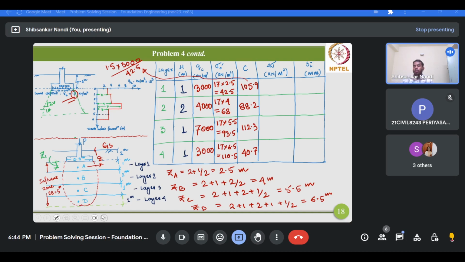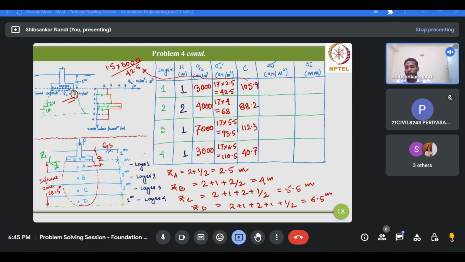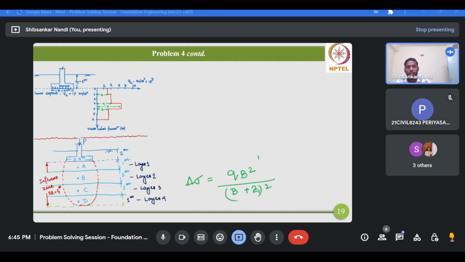Therefore, this q times B square value will remain constant for each of the layers, for each of the center line points. Only this z1 value will be varying for the calculation of delta sigma, and accordingly you will get a variation in the delta sigma. So now we'll calculate this z1 from the foundation level.